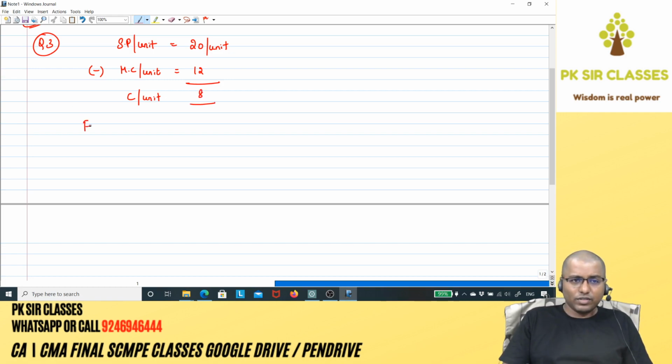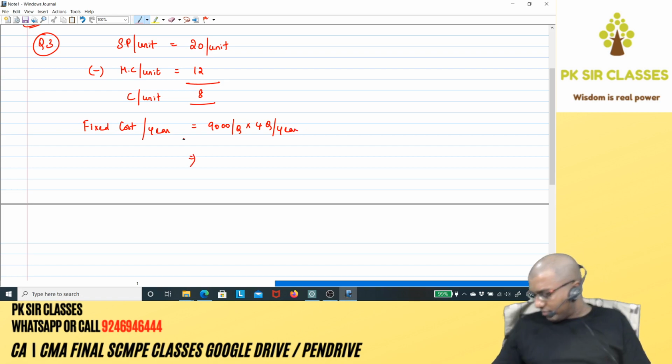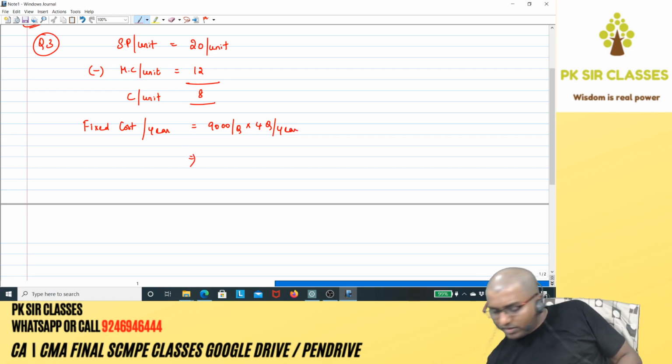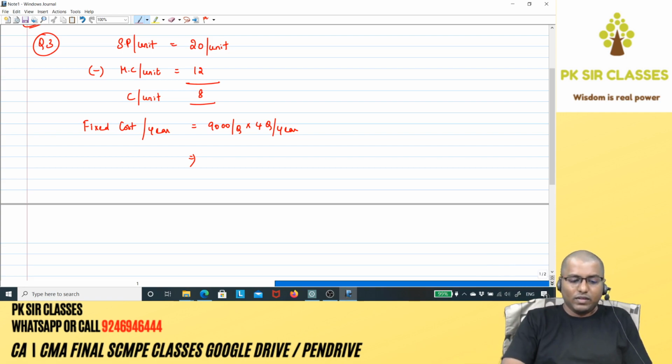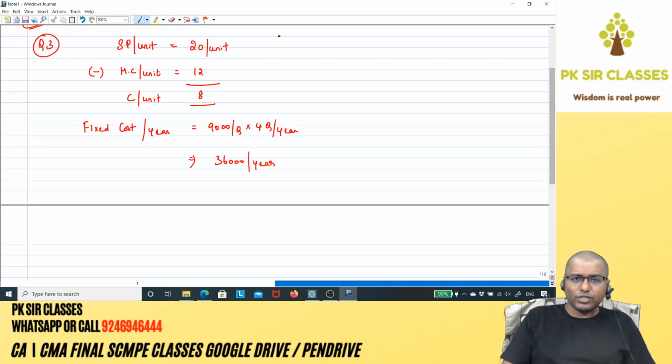Yeah, fixed cost per year is equal to, per quarter it is 9,000, into 4 quarters per year. That implies 9,000 into 4. So obviously it's gonna be how much? 36,000. So 36,000 is your fixed cost per year. Okay, what else? That's it. So you're required to calculate the following. Now one by one, let's do the calculation.